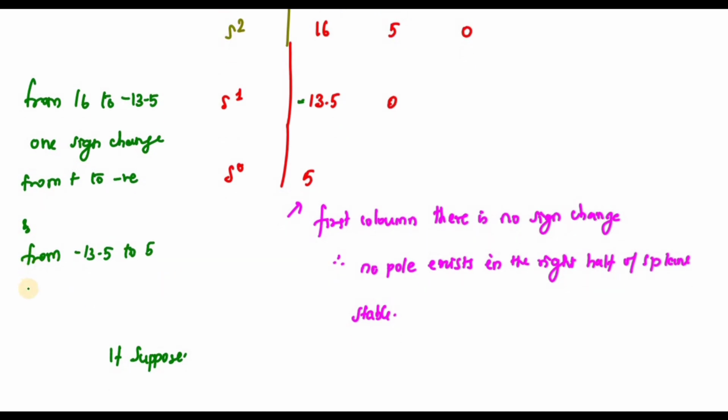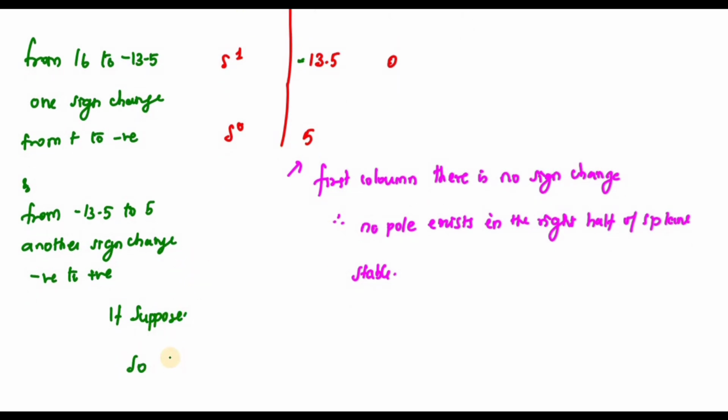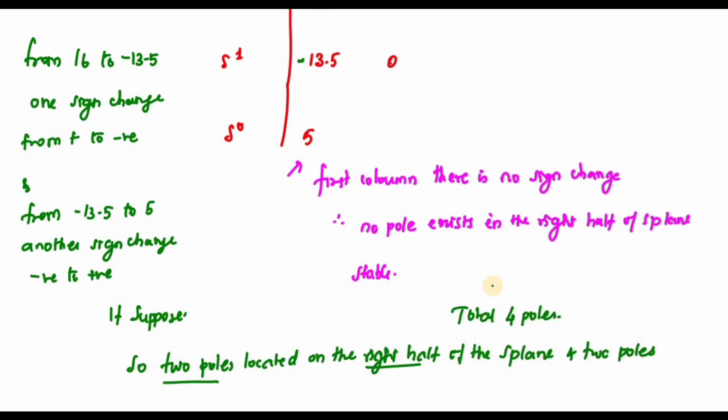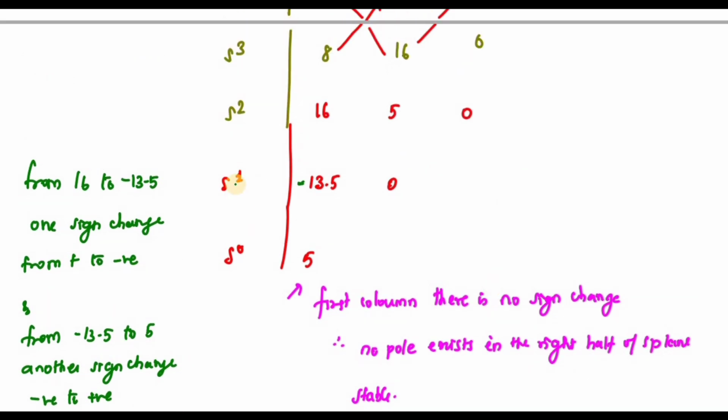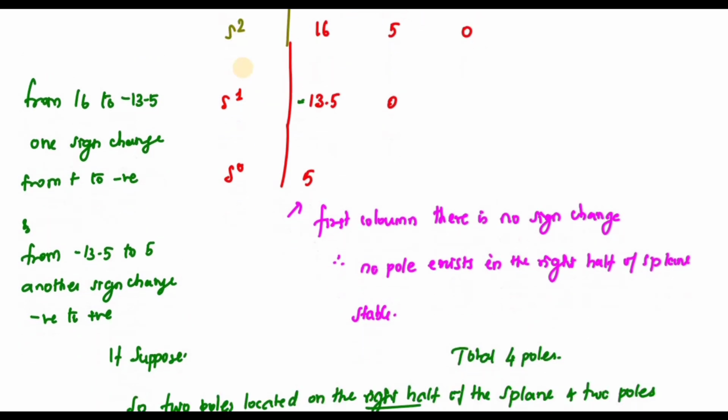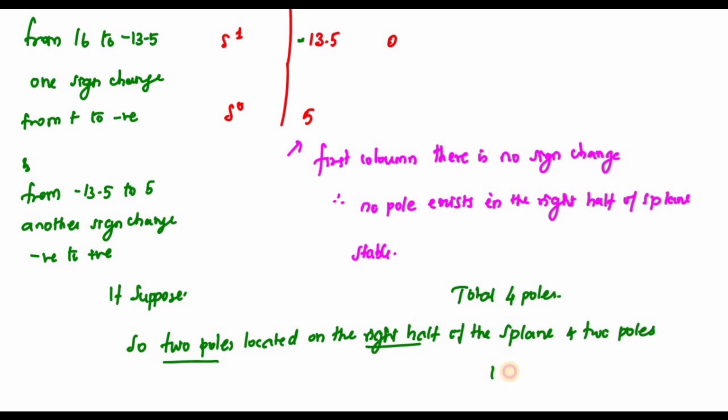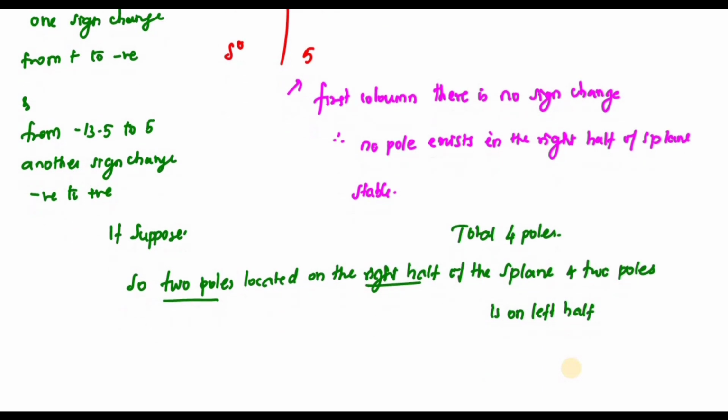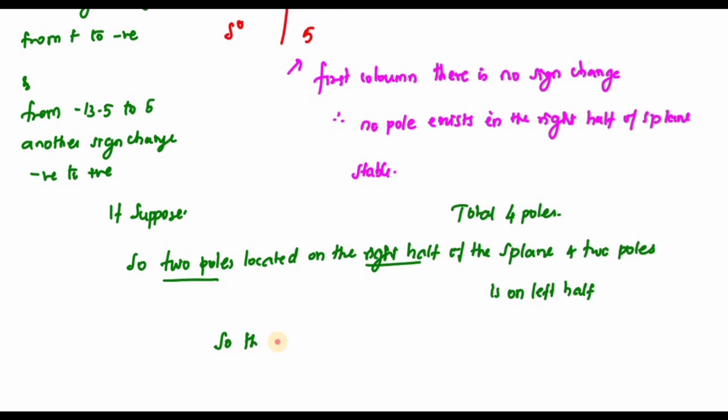Similarly, from minus 13.5 to the next value 5, the sign changes from minus to positive, so there is another pole on the right side of the S-plane. So there are two poles on the right half of the S-plane. Totally there are 4 poles, since the maximum power is s power 4, so 2 poles on the right and 2 poles on the left of the S-plane. So the system is unstable.